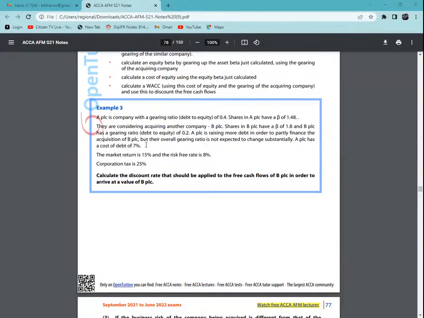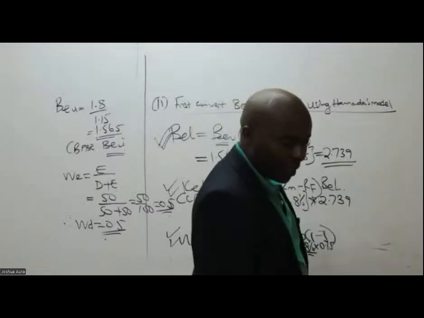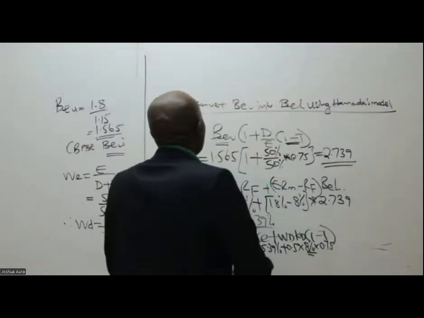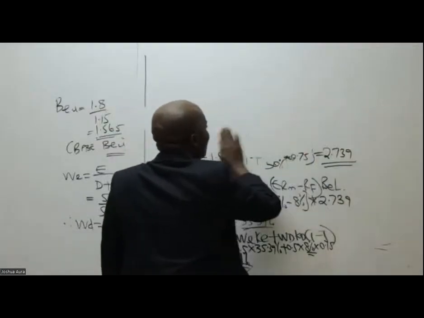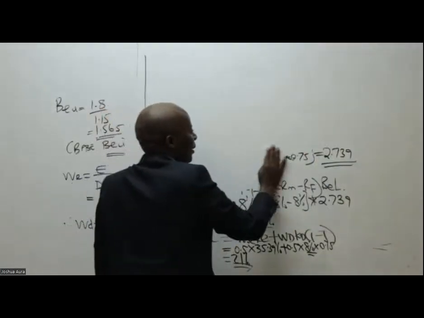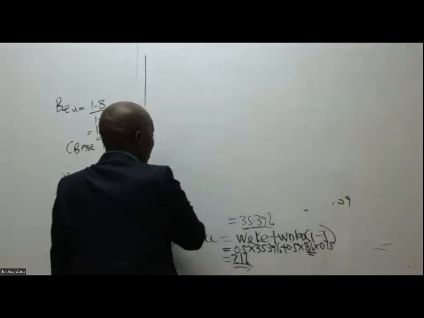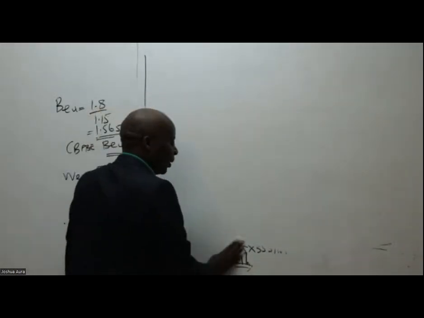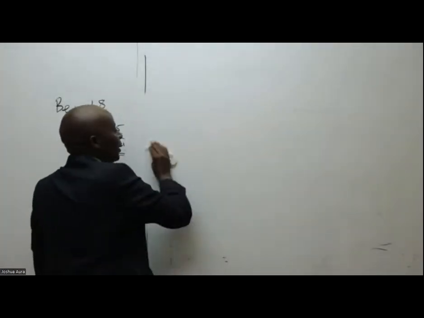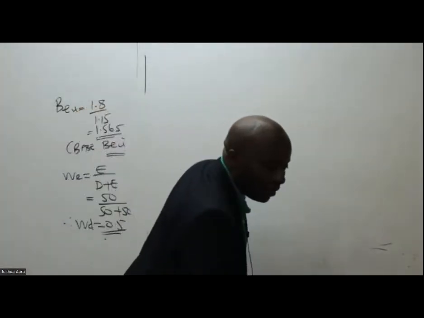Okay. So I'll always start by, if I'm the one doing this exam, when I hear a company is diversifying to some new industry, I have the concept of the relevant beta. That is where I'll always start from. So come and write in capital letters, relevant beta.